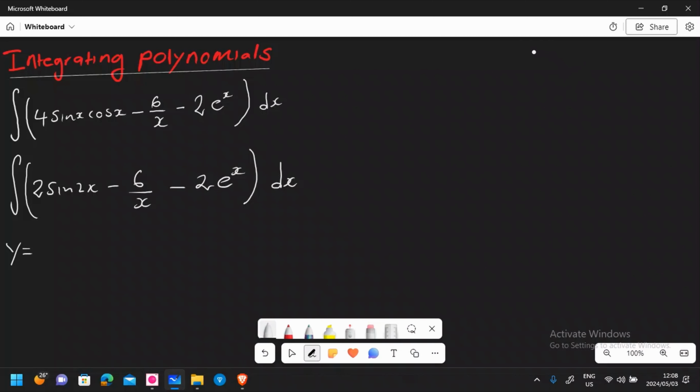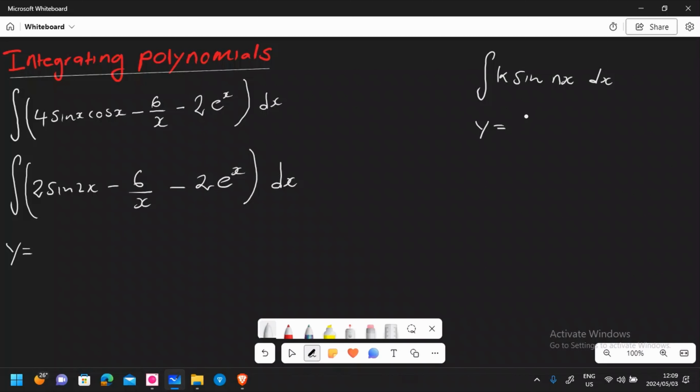Since this is sine, when you integrate sine, you're going to have k multiplied by sine n x, multiplied by dx. So when you integrate this, y equals the integral of sine, which, if it's positive sine, is going to be negative cos.